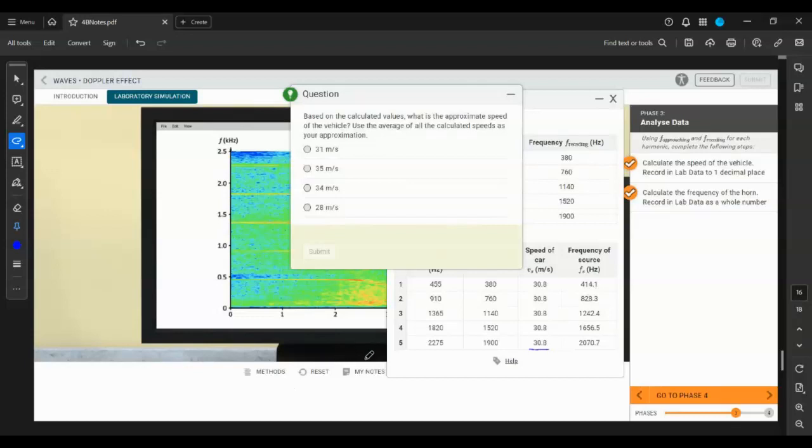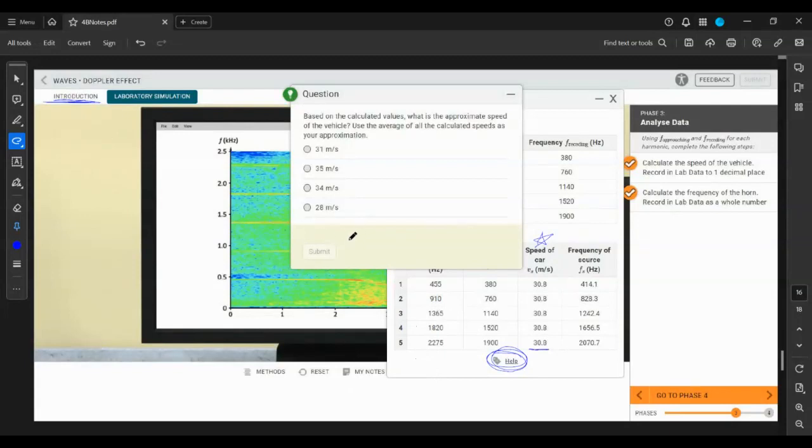Okay, so if we want to find the speed of the car, then that's going to come from the formula that we saw on the introduction page, and then also from this help section here, you can pop this up and you can find that formula again.